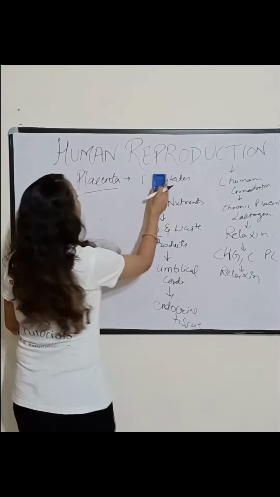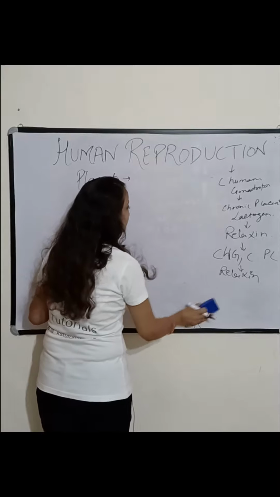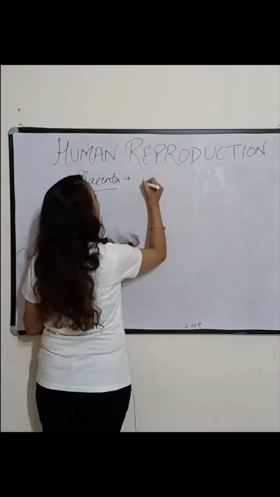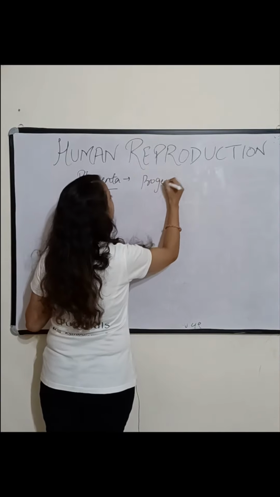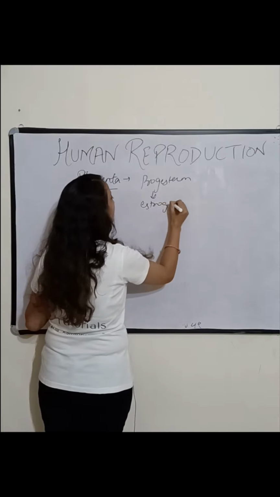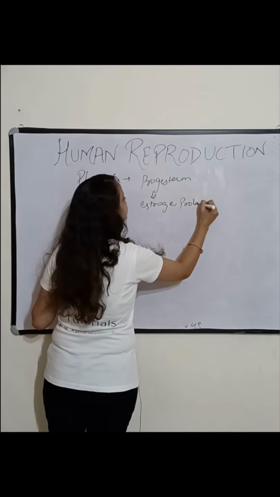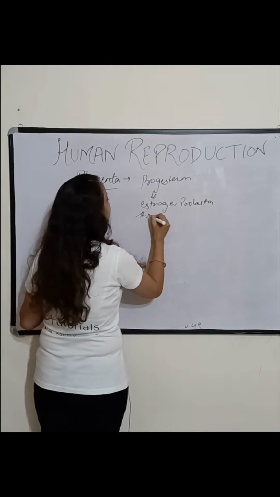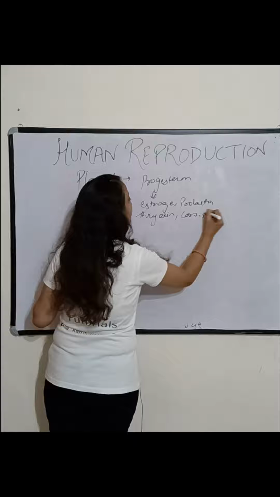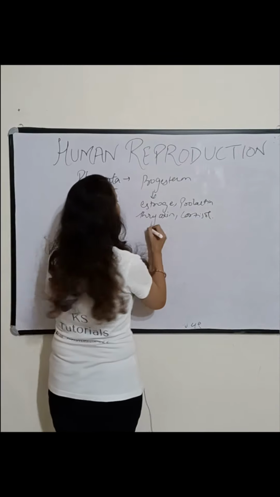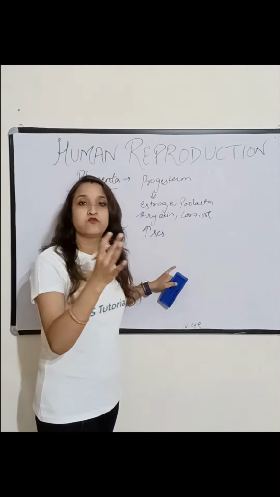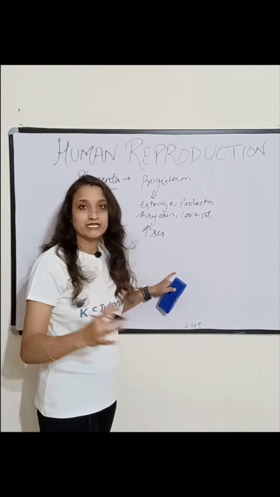Now in addition, other hormones like progesterone, estrogen, prolactin, thyroxine, cortisol, etc. increase in the maternal blood.